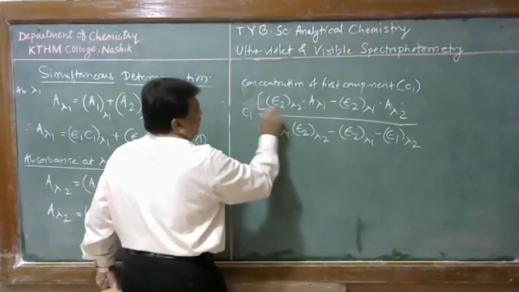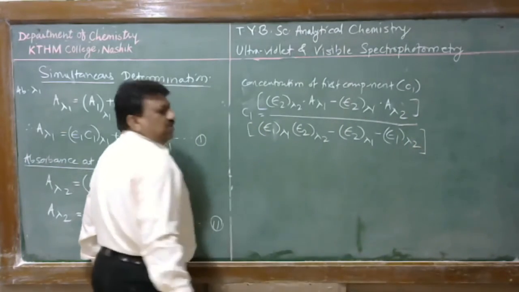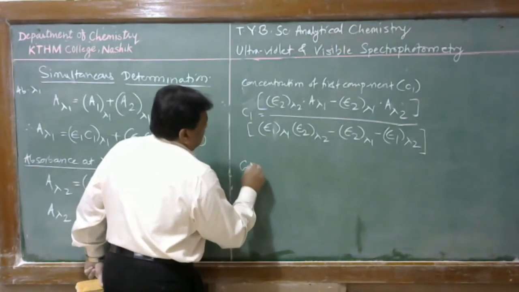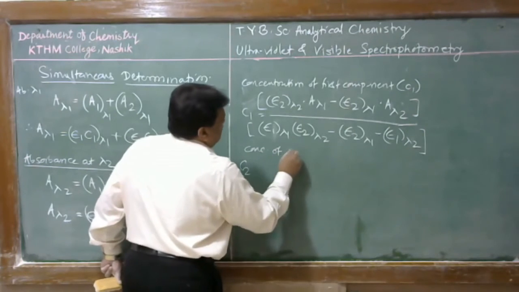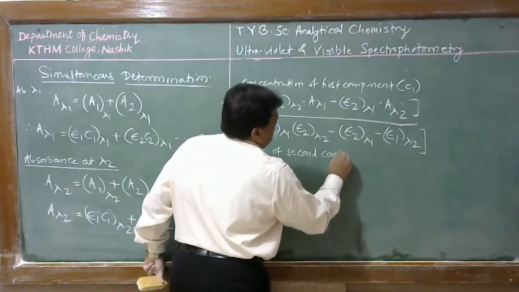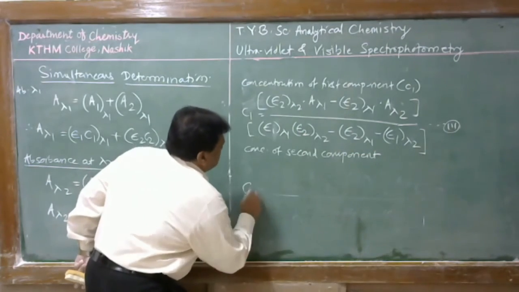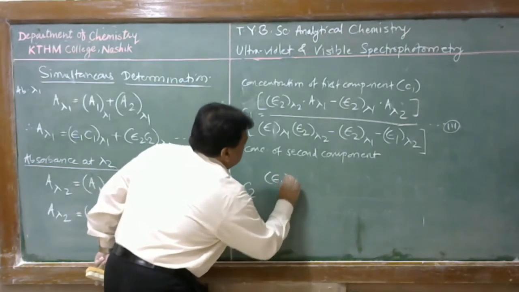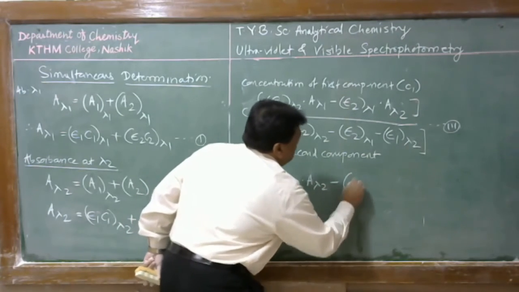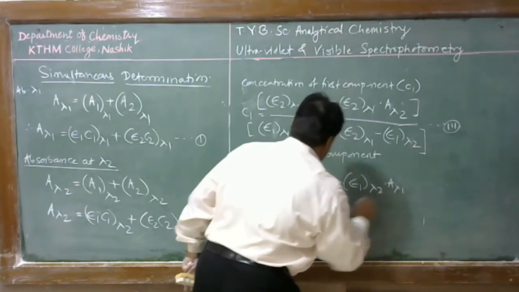Therefore, in this case, this gives the concentration of the first component. Similarly, C2, the concentration of the second component, can be determined as epsilon 1 at lambda 1 into absorbance at lambda 2 minus epsilon 1 at lambda 2 into absorbance at lambda 1.